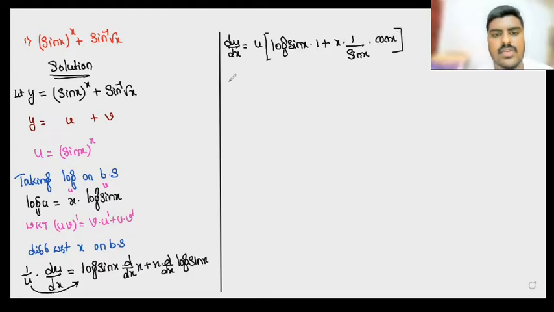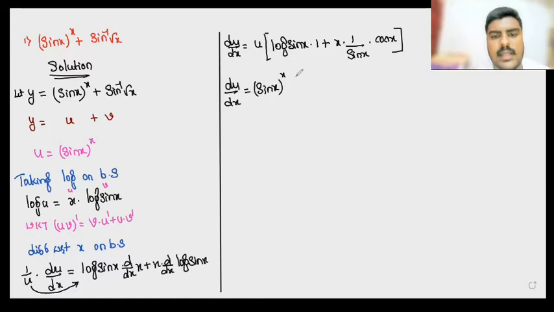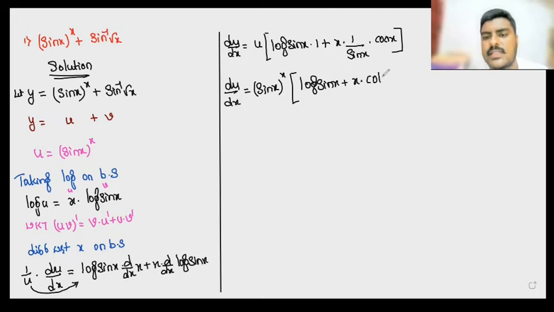Got it? So du/dx = (sin x)^x [log sin x + x cot x], since cos by sin is cot x. This is du/dx.